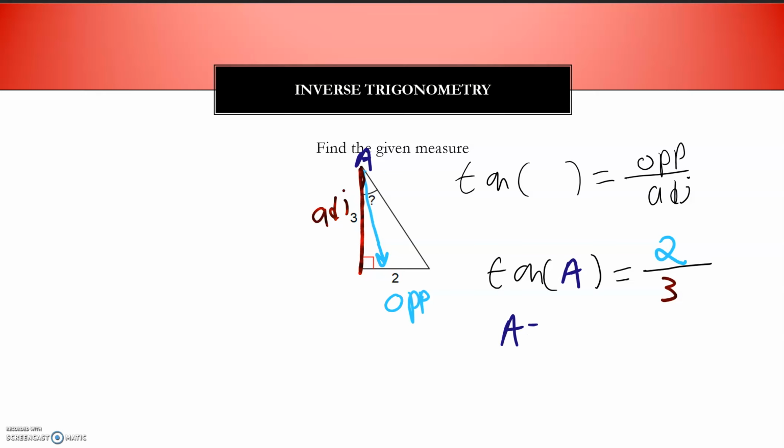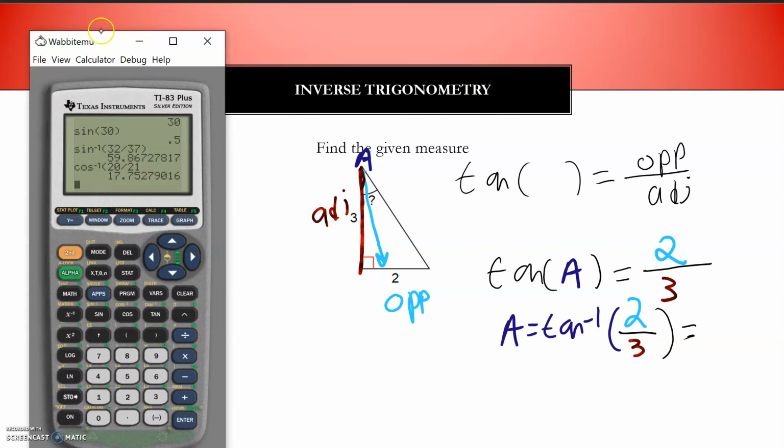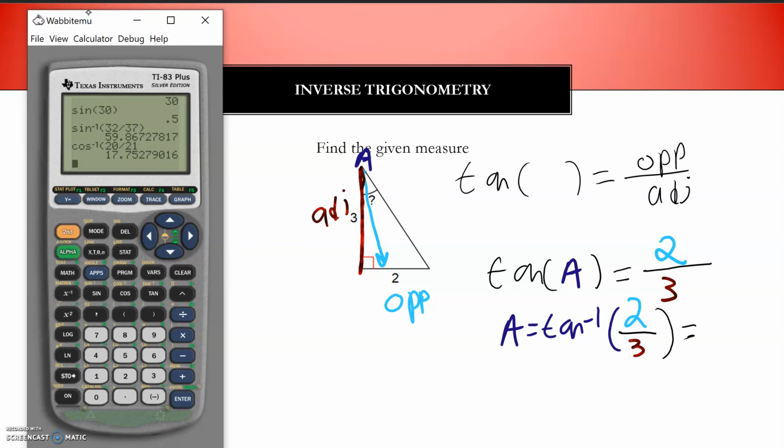To find angle A, we do tangent inverse of 2/3. And by the way, you might be wondering why I'm not doing tangent inverse on both sides and crossing out anymore. That's just because it's okay now to assume when you see this, just do the tangent inverse in your head and make that tangent go away.